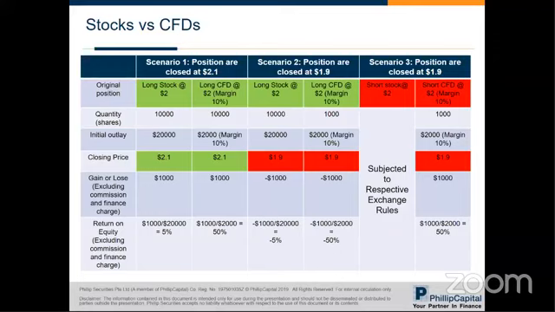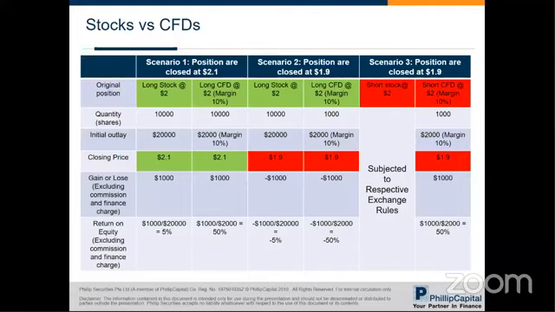In this scenario, the P&L calculation may look similar to the previous slides, but this time I'm going to tell you about the return on equity. Same case: you purchase the shares at $2 and purchase a CFD at $2. Your initial cash outlay for 10,000 shares is $20,000 for normal equity, whereas for CFD it is $2,000 because of the 10% margin. If the share price rises to 2.1, you make a 10-cent profit, $1,000.